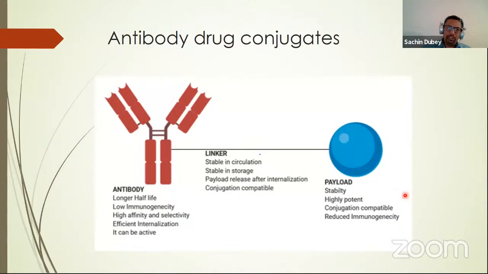So the antibody, as we have already seen, is a Y-shaped structure, with a long half-life compared to other proteins, low immunogenicity, very close to human, and so on and so forth. So that's the antibody. Then we use a small linker, another chemical moiety, and then we use the so-called payload. The payload is usually a very toxic molecule in its pure, natural form.